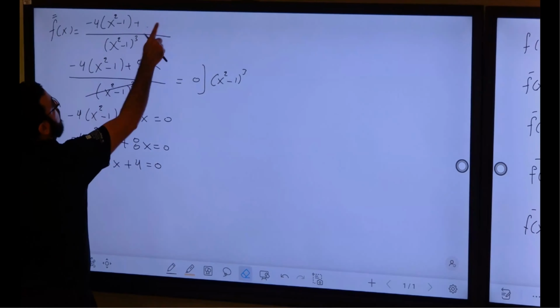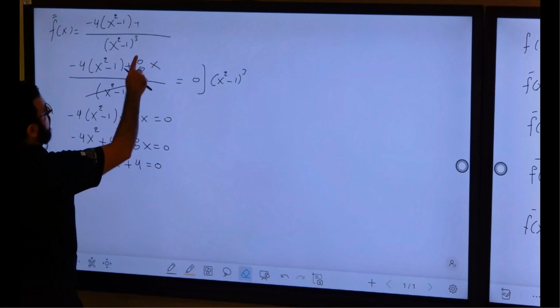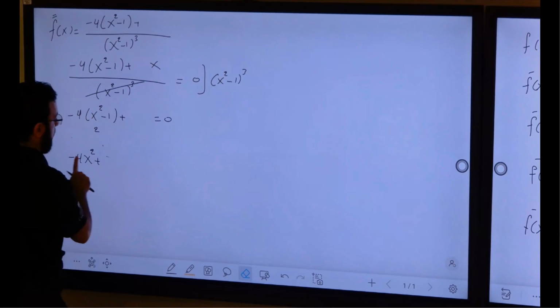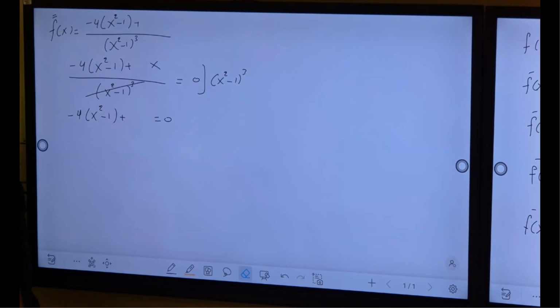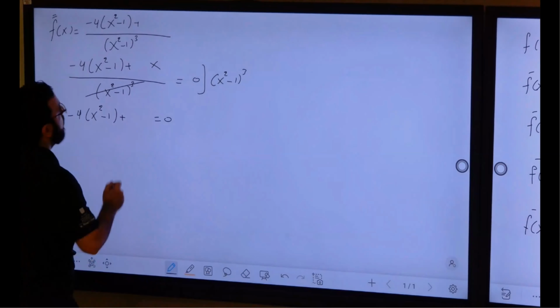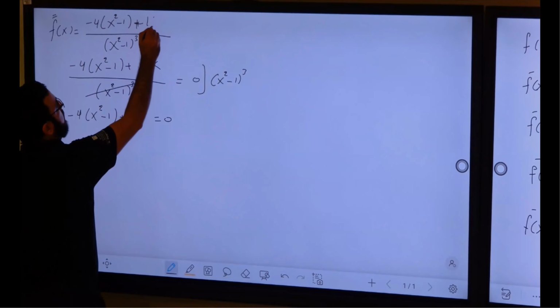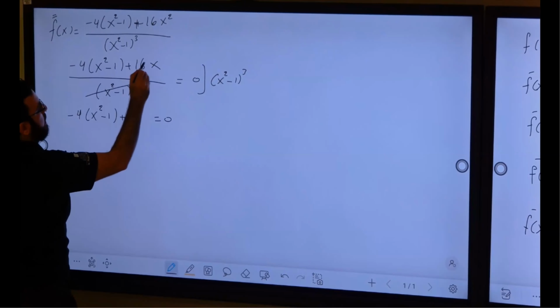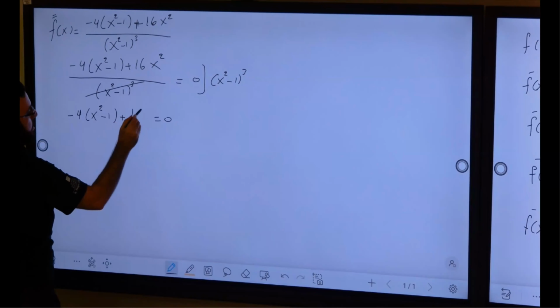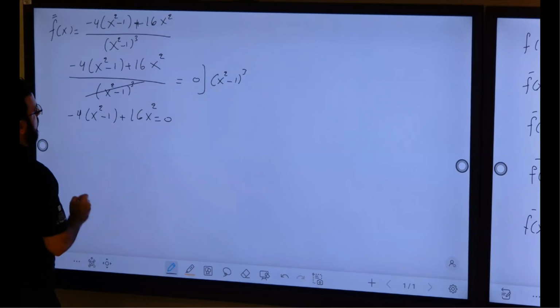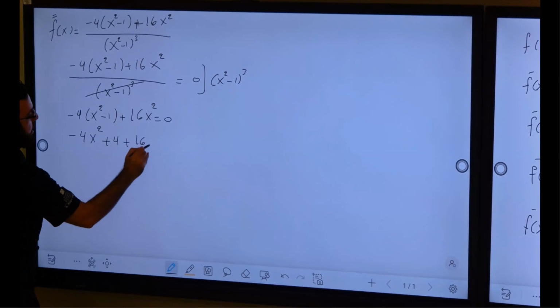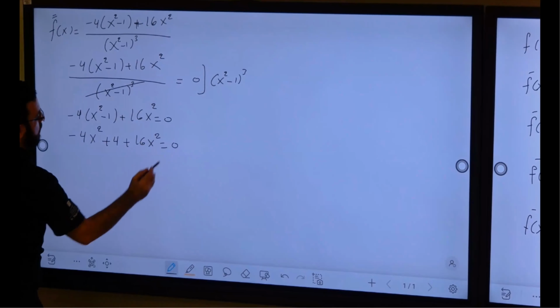Here's going to be, this one cancels, this one cancels. Oh, yeah, okay. This is a plus 16x squared, and here's plus 16x squared. There's going to be negative 4x squared plus 4 plus 16x squared equal 0.